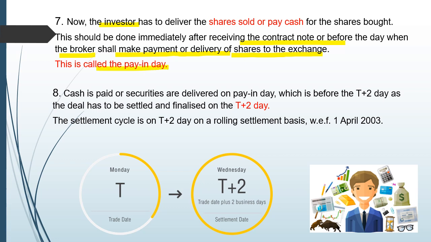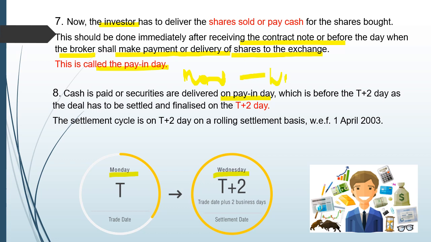Okay, so the minute you receive the contract note, you need to pay the money for buying the shares. Now cash is paid or securities are delivered in the pay in day, which is before the T+2 day. That means a trade that takes place on Monday will get settled by Wednesday. So let's say on Monday you have paid to buy the shares.